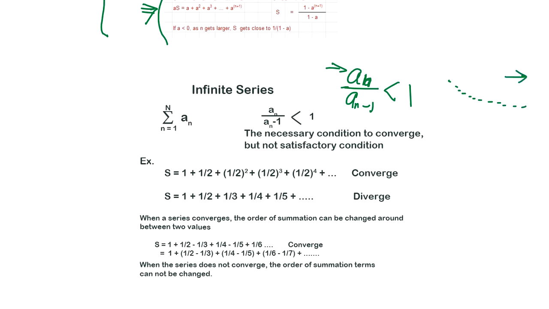Otherwise, it never converges. It's called infinite, right? An example is this way. But this is a necessary condition, okay? It's not a sufficient condition. See, this is an example. It's getting smaller and smaller, but if you add them all, it goes infinite. It has to be sufficiently getting smaller each time when you add it. So this is very important. When you look at an infinite series, you can see obviously the numbers have to be getting smaller.